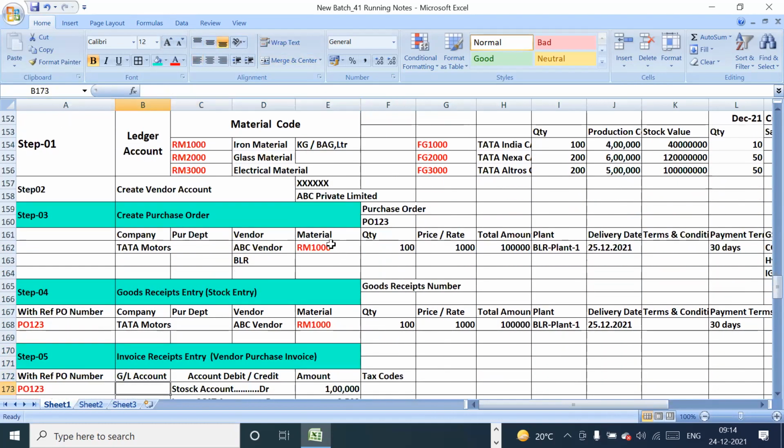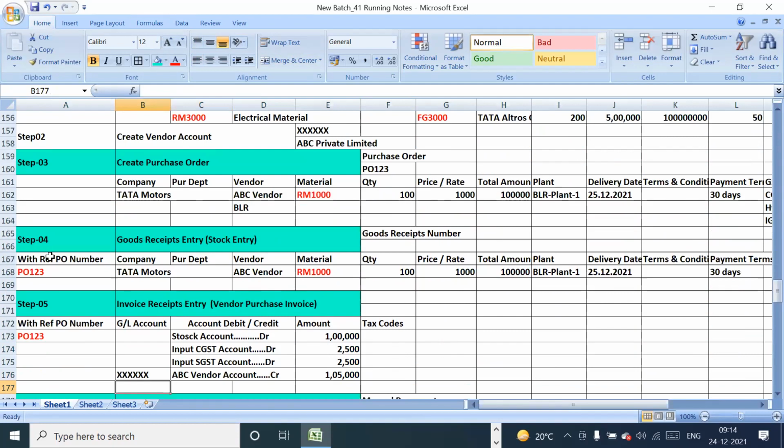So here we can give the order for one material or multiple materials. Okay. And then next, how to perform the goods receipt entry. While doing the goods receipt entry, system should propose me what are the materials I given the order, all those things automatically. I don't want to enter again all this new information.